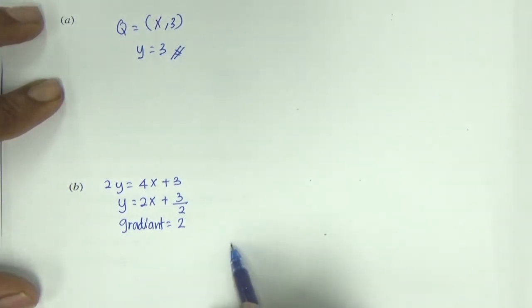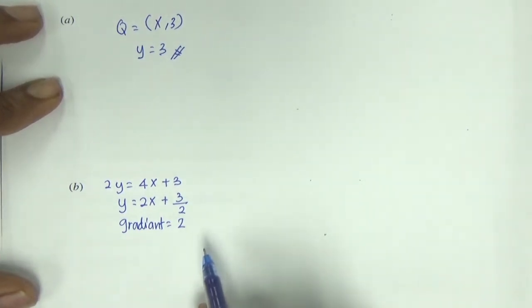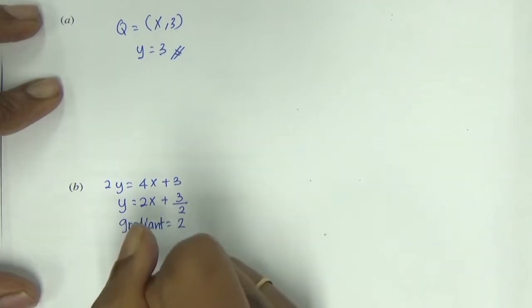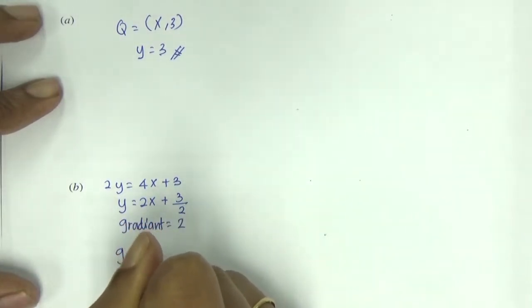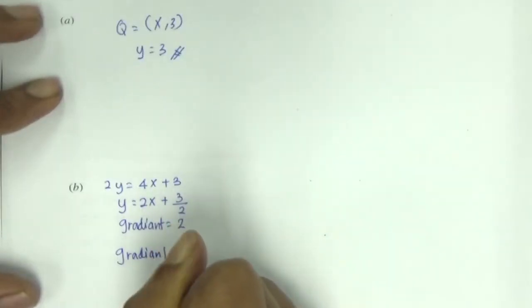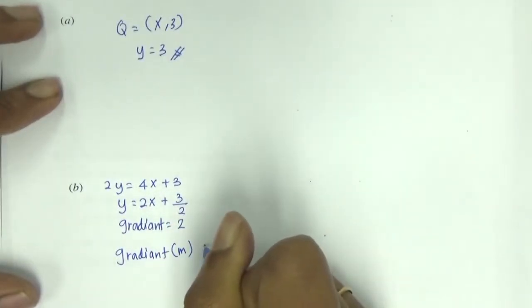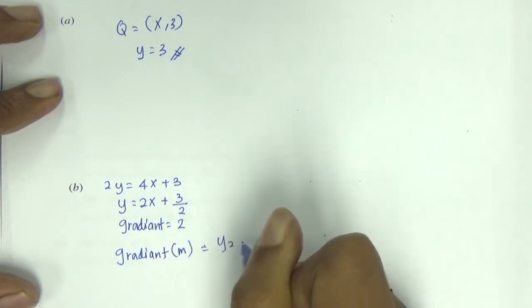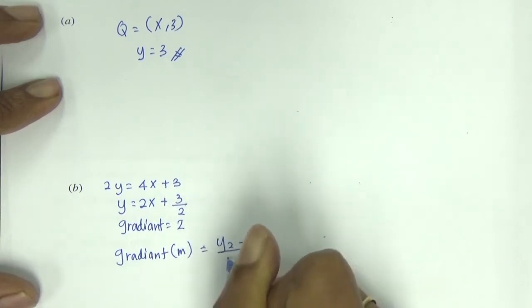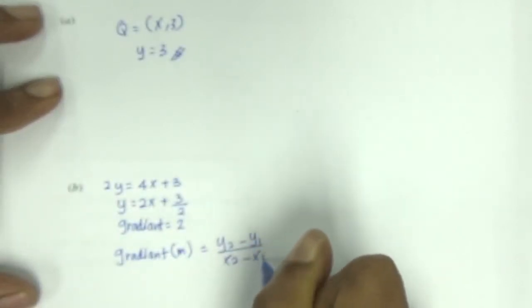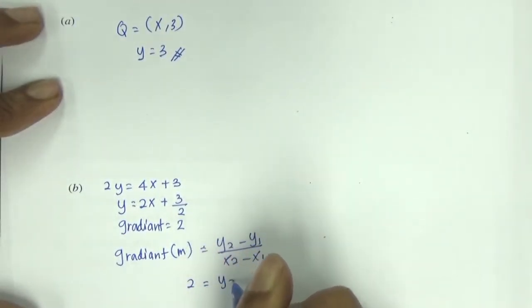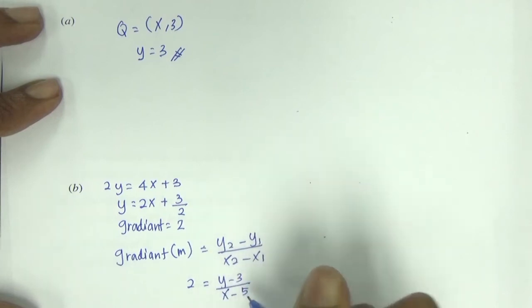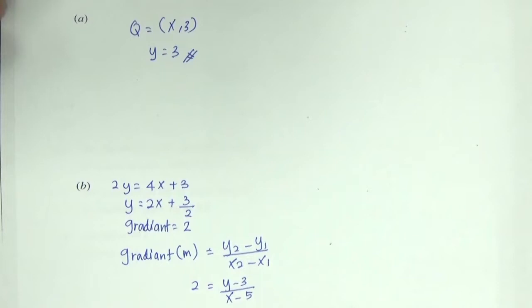Now we can substitute the coordinate of T into the gradient formula: y minus 3 equals 2 times x minus 5.